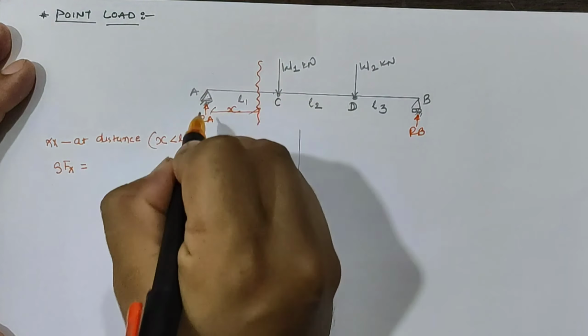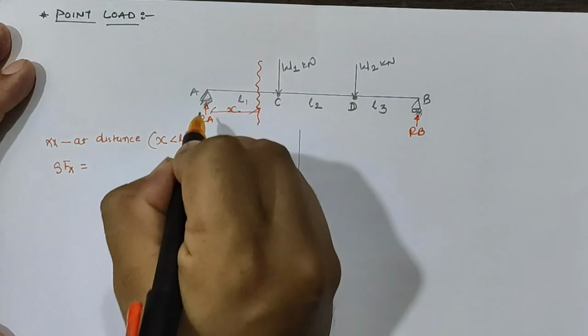So from this calculation one can say that if there isn't any point load between 2 points, then the shear force diagram is a horizontal straight line while the bending moment diagram is an inclined line.